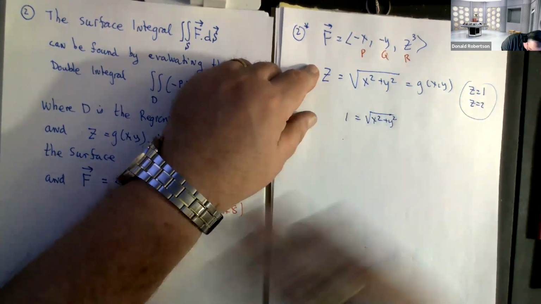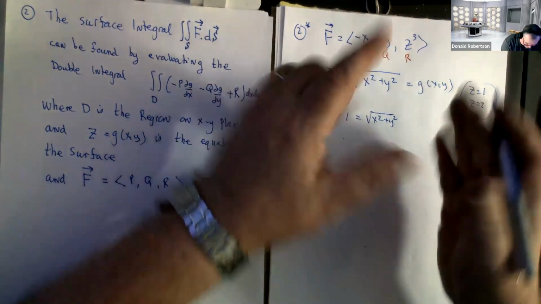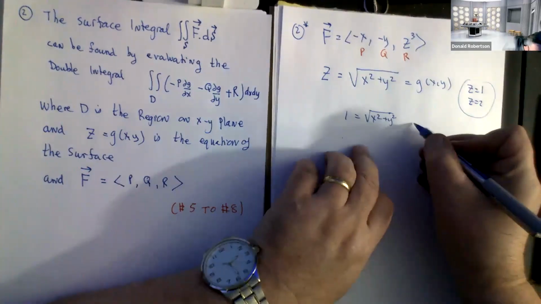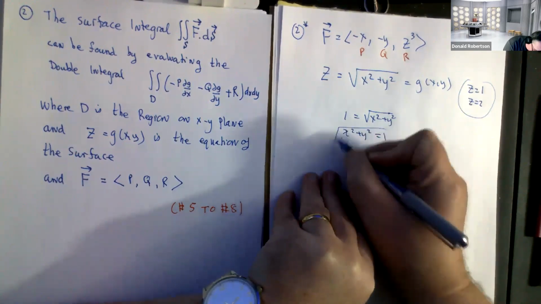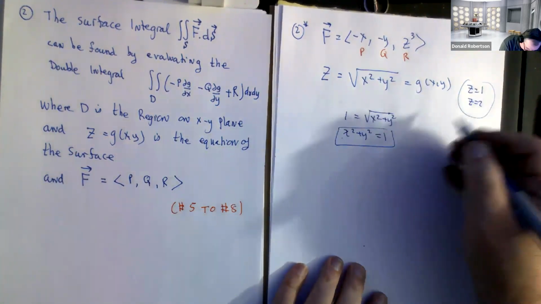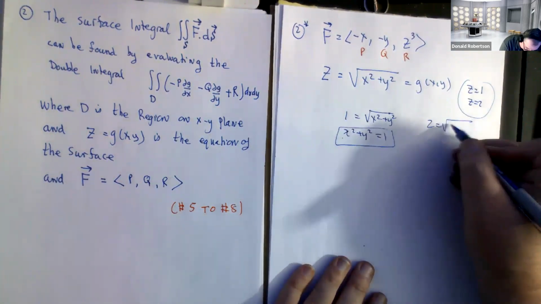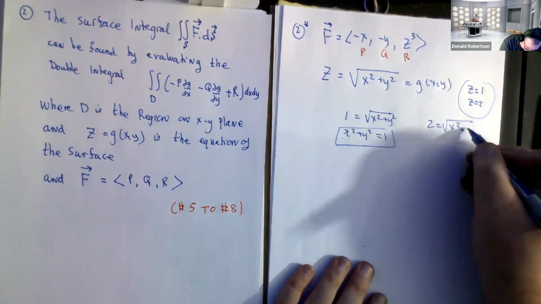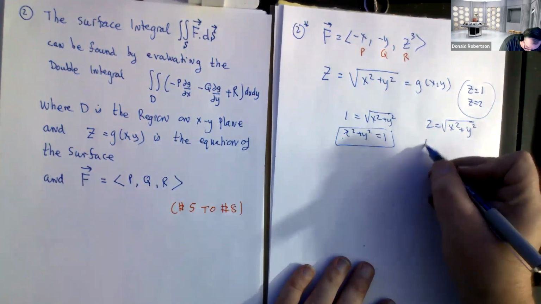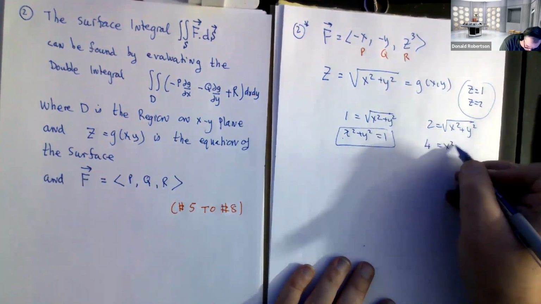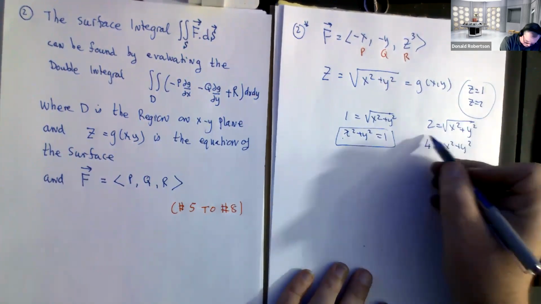then at that slice, this cone is going to come out as a circle of radius 1, centered at the origin. And then if you do z equals 2, I know it looks like a z, but it's one of my 2's, you will get x squared plus y squared equals 4.